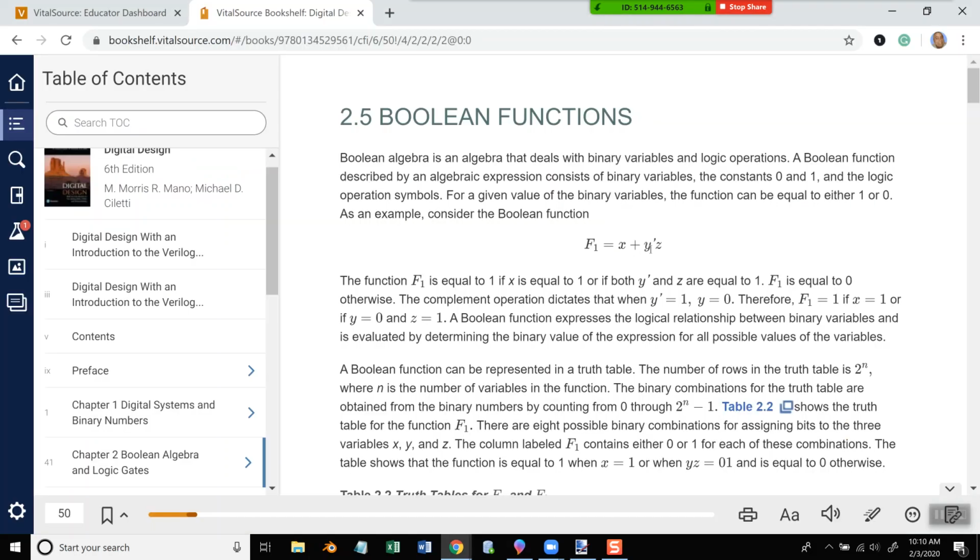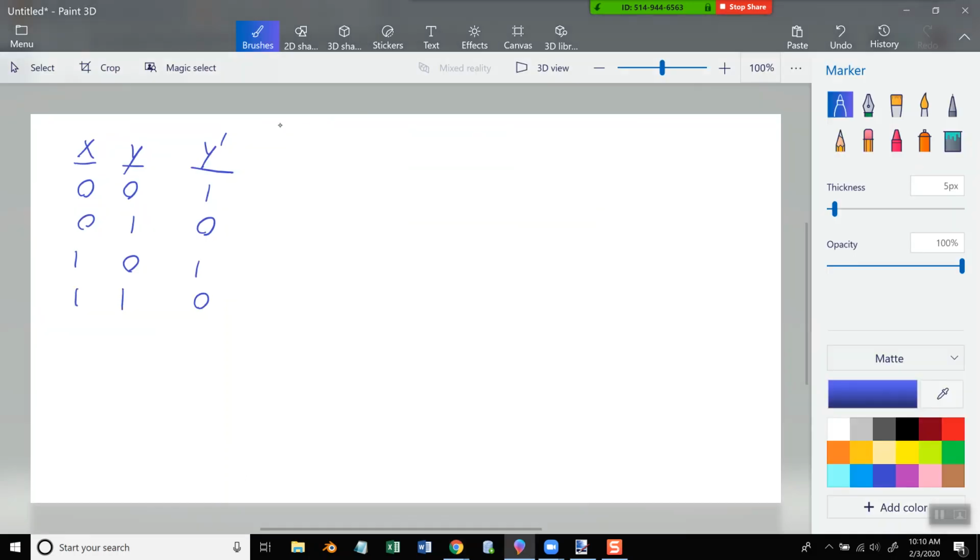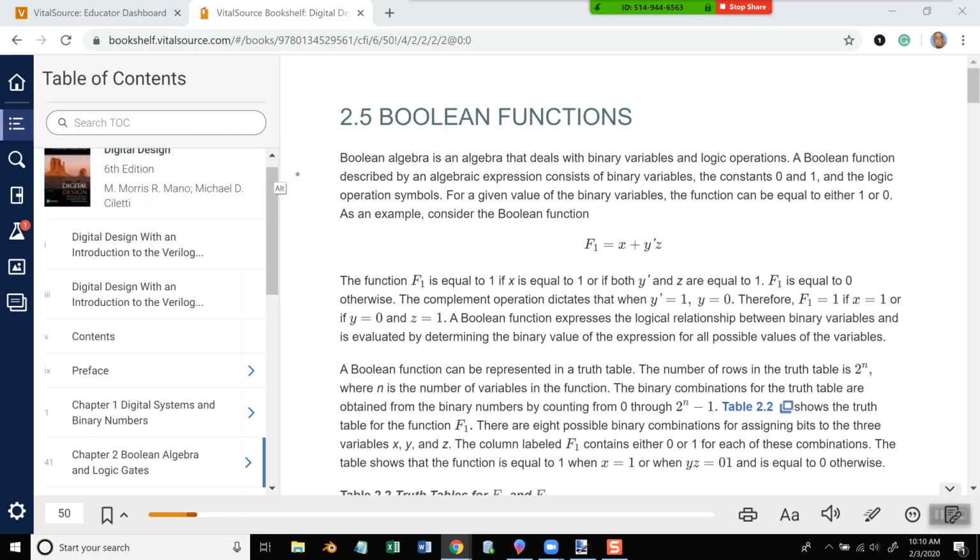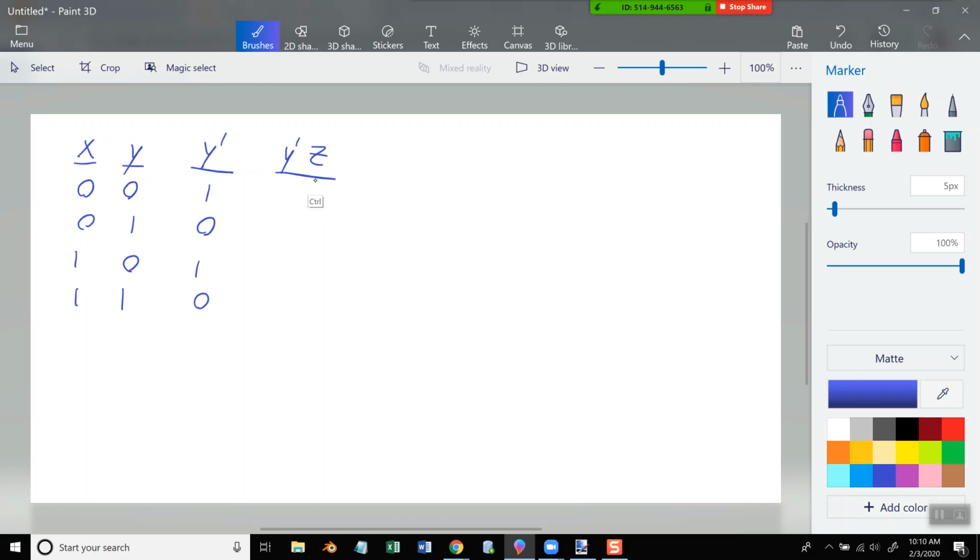Then the multiplication, or the and, takes precedence next, so that's why I'm going to find this y prime z. So I'll multiply z. I didn't even see that. Let me try that again.